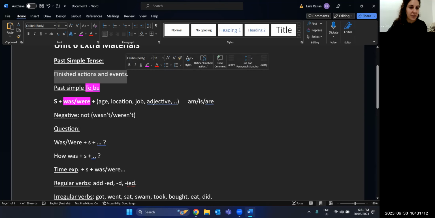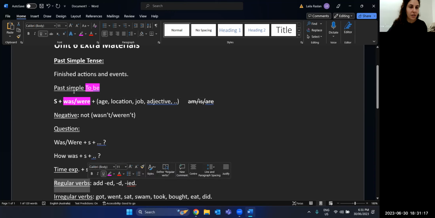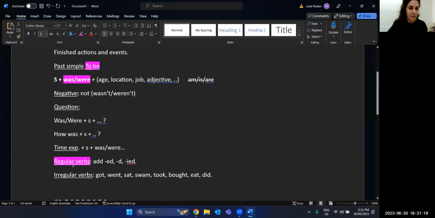So the first one, to be, is was or were, but then we've also got every other action and irregular. So just remember, to be is your first one. You use it when you want to talk about your age, your location, your job. And then when you want to use the other actions, you go to the regular.